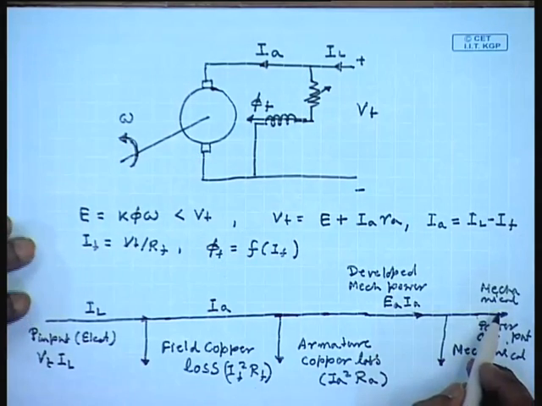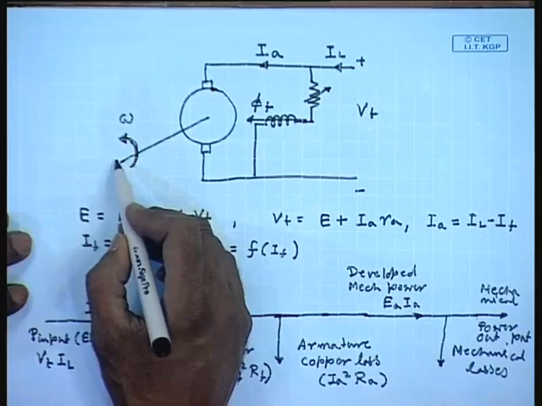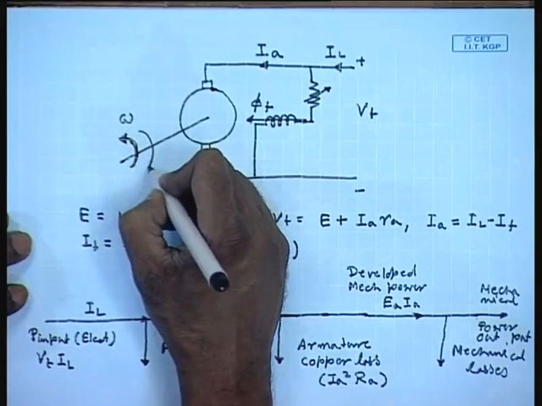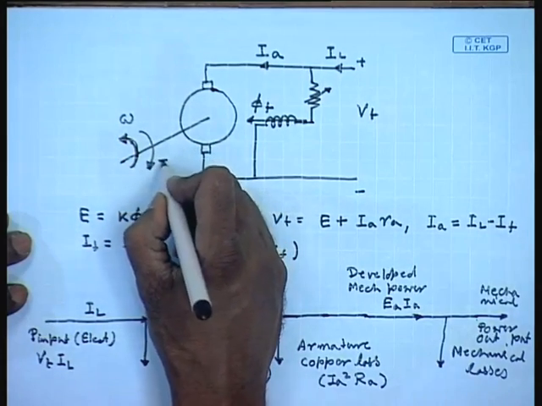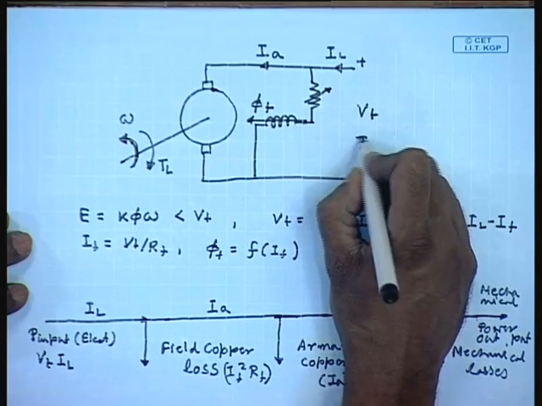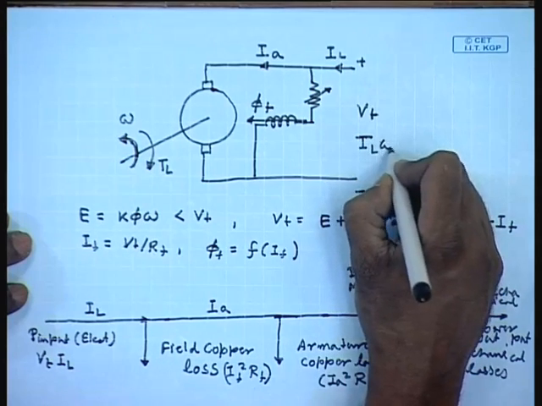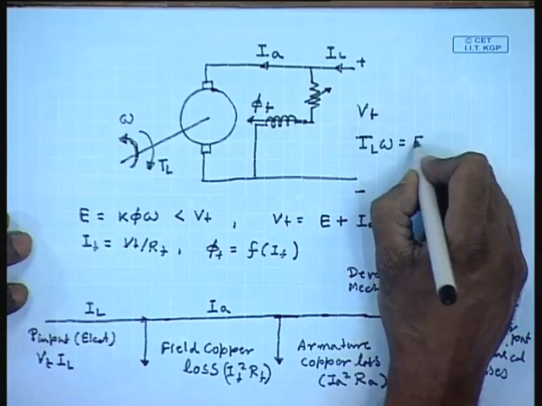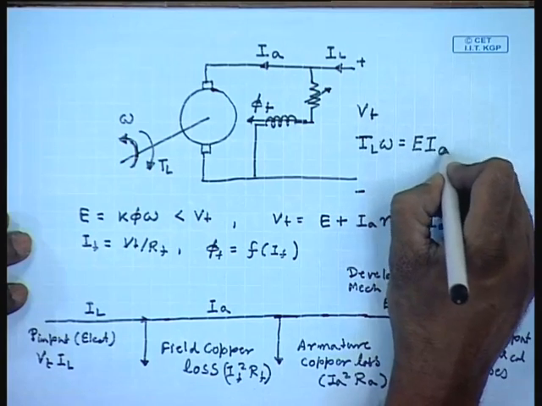So, in order to get some mechanical power output, the machine must be connected to a load which will provide an opposing torque TL, and in steady state TL omega equal to E IA.